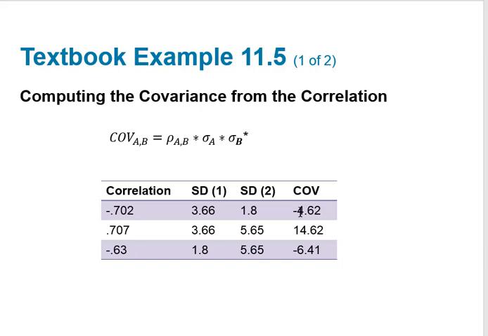If you look here at -4 and -6, the correlation is negative, but it's kind of backwards. You might ask why the covariance is smaller but the correlation is bigger in magnitude. Well, it's because covariance just measures plus or minus. Correlation gives us a standardized measure of the power of the relationship. So that's the basic kinds of problems that you might find from chapters 10 and 11 in this course.